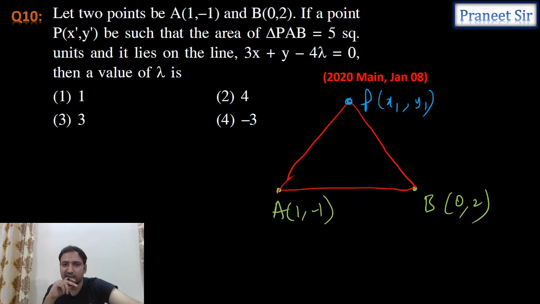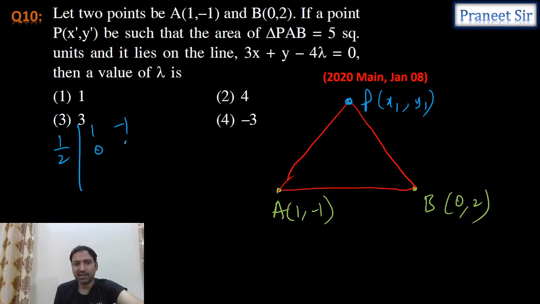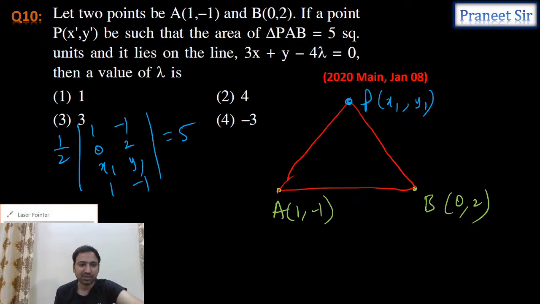So from this we can apply the area condition. Area of the triangle, we have the formula, right? 1 by 2 into first point, second point, third point, again first point, should be equal to 5. Now let's simplify this.